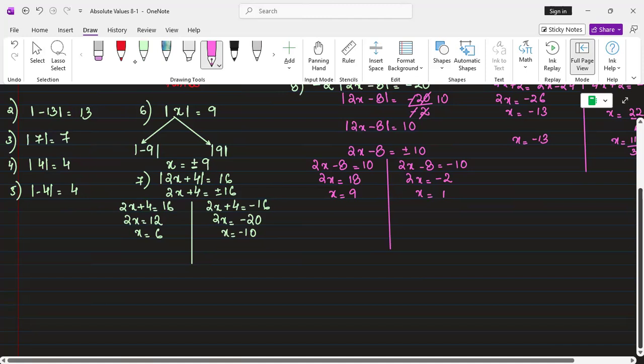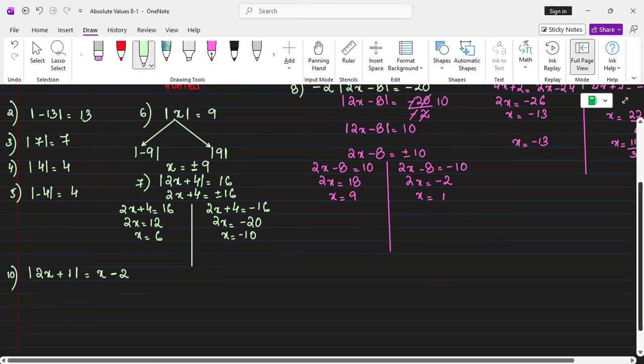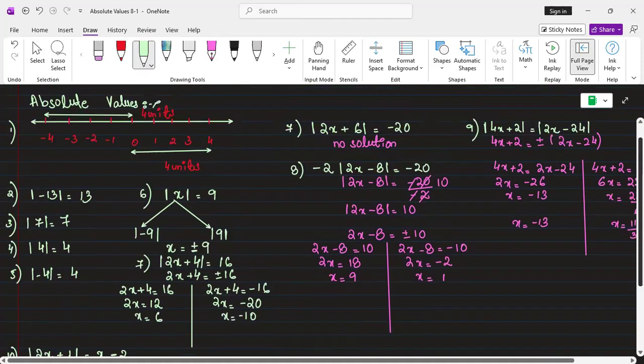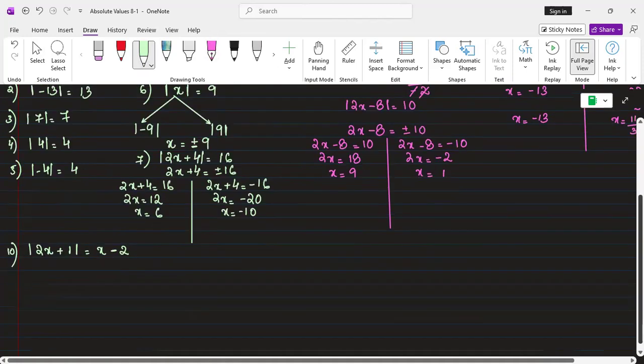Now let's talk about example number 10. What is example number 10? For example, if it is modulus 2x plus 1 equals x minus 2. Now, the difference in this case from the previous cases is that there is a variable on both sides of the equation, but on the left hand side there is modulus, and on the right hand side there is no modulus.